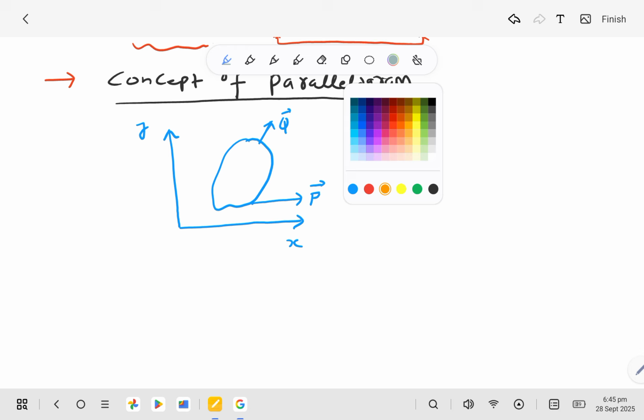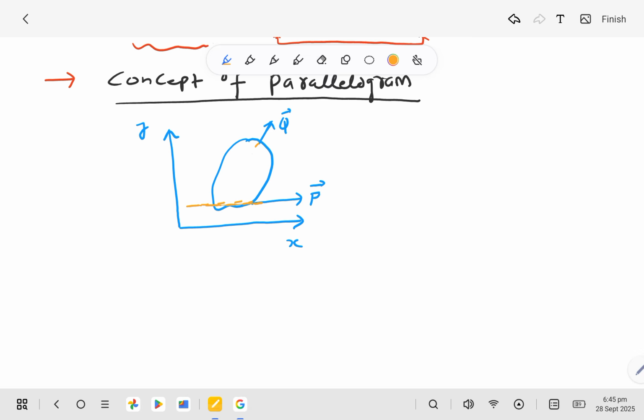And if I draw the line of action of this force, the line of action of this one, okay, and this is the angle between the lines of action of these forces.